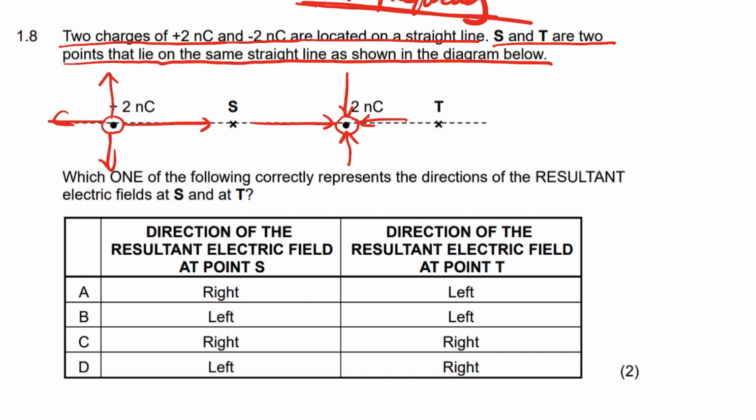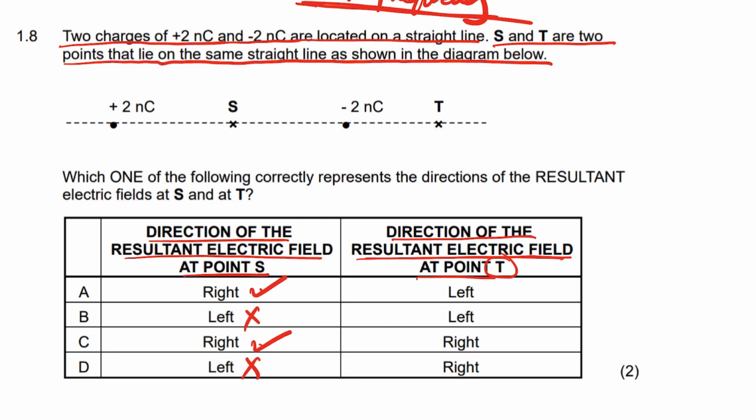So the net will go to the right, basically. So the direction of the resultant field at point S will be right. The possible answers are between these two, so we'll see which one corresponds. It says the direction of the resultant electric field at point T. Now let's focus on T.